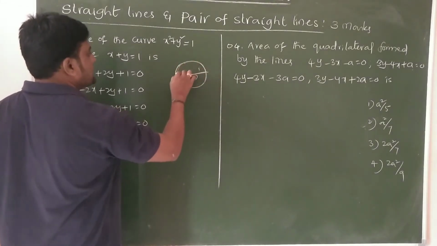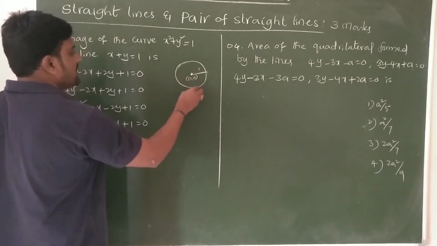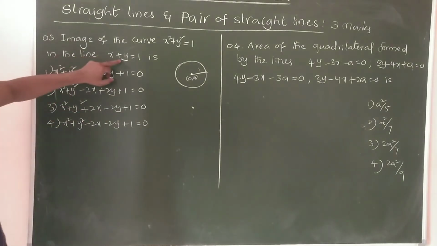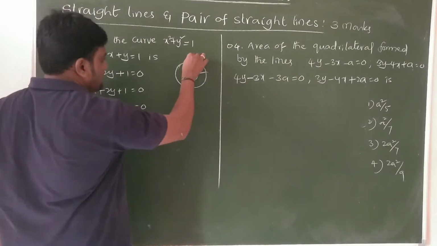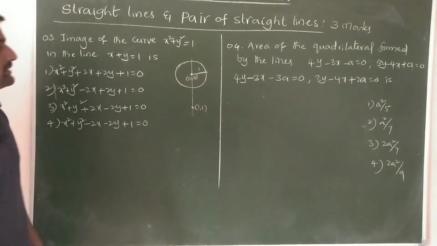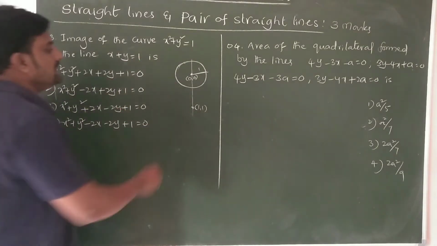Now the image of the center 0 comma 0 in the line x plus y equals 1 should be 1 comma 1.